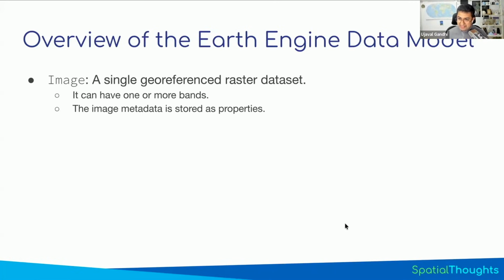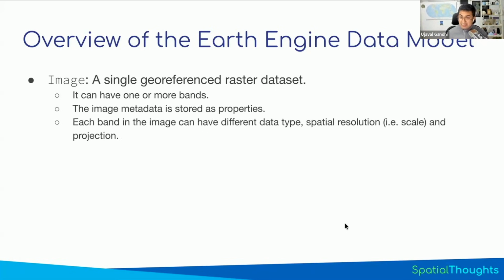One unique thing about Earth Engine images compared to, let's say, GeoTIFF files is that each band can have a different data type, different projection and different resolution. This is something that is not supported by most data formats that you use in your GIS software. If you use GeoTIFF files or any other files, they expect that if you have 3 bands, they are the same type, the same resolution, the same projection.